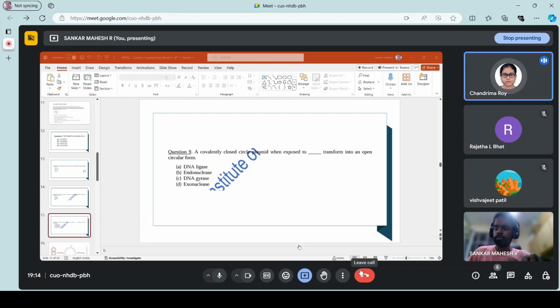In the open circular form, there are some nicks in the DNA, so that plasmid is open, but in this case it's not.